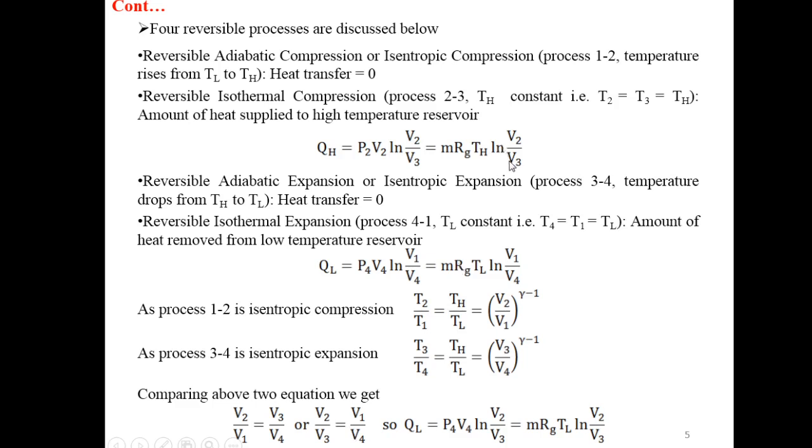So we can say QL, this is the value of QL, and here we have V1 upon V4. So V1 upon V4 is equal to V2 upon V3. So QL will be equal to P4 V4 natural log V2 upon V3. We have replaced this V1 upon V4 with V2 upon V3, or in terms of mass, m Rg TL natural log V2 upon V3.